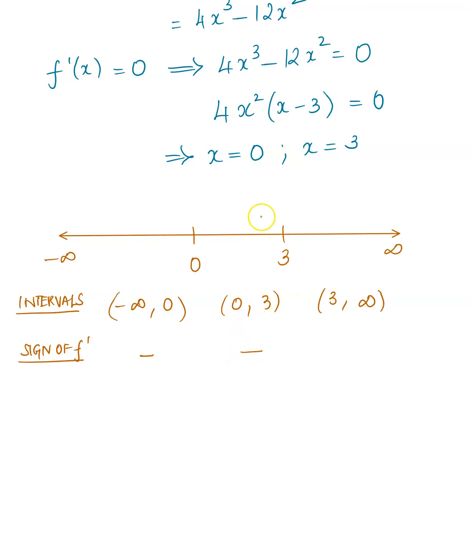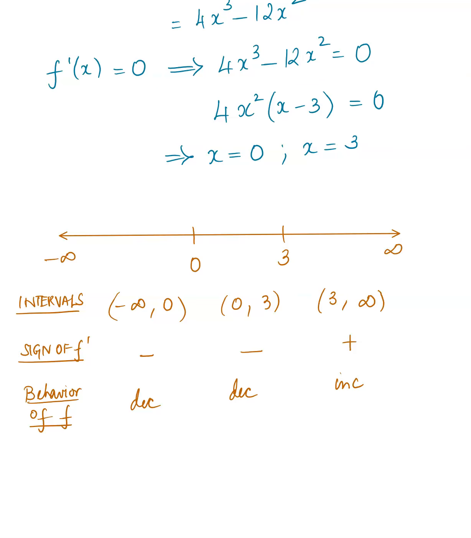I choose 1: 4 times 1 cubed minus 12 times 1, so 4 minus 12, negative. Then choose some point from the last interval, let's say 5 or even 4, and that comes out as positive. Then the behavior of f will be decreasing, decreasing, increasing.